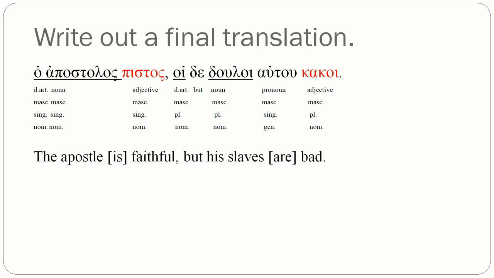There's a couple more elements here, but don't get too confused. Okay, we still have hoi douloi as the article noun, and kakoi standing outside of that article noun group. Okay, therefore, that entire sentence is translated, but his slaves are bad. The are has to be supplied, because this is a predicate.